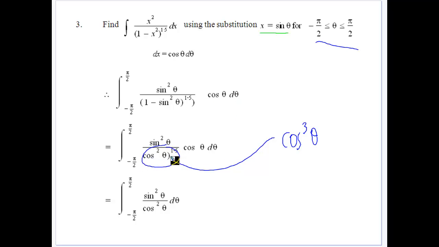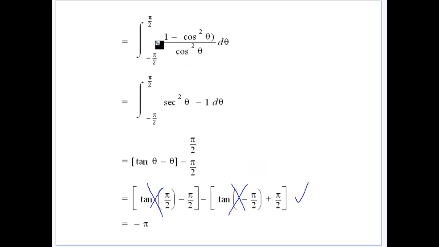Now the cos squared to the power of 1.5 becomes cos cubed, which becomes sin squared on cos squared when we clean it up, with minus pi on 2 and pi on 2, which we can start to simplify by writing (1 minus cos squared theta) on cos squared theta, because you don't really want to integrate tan squared theta.